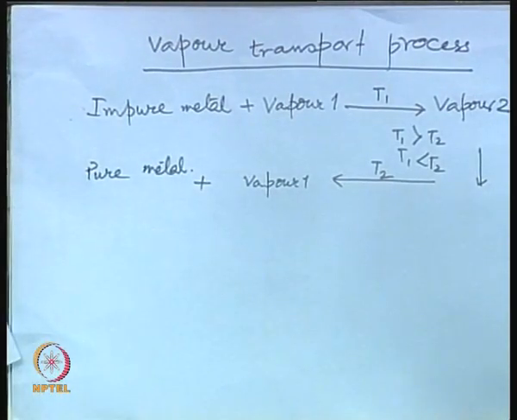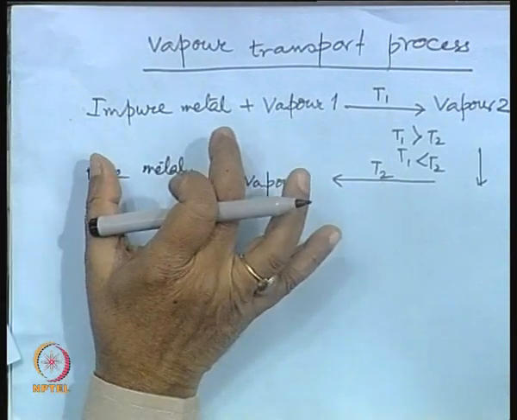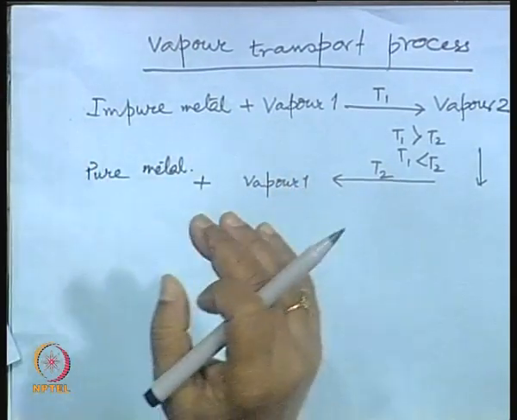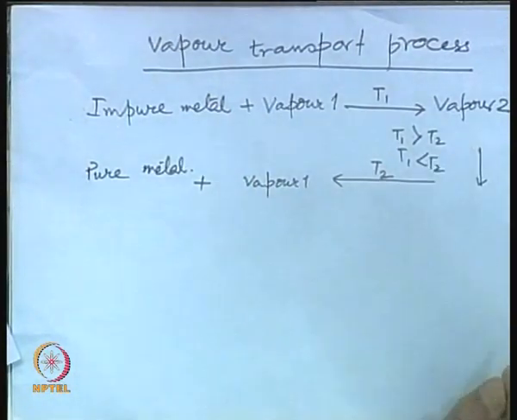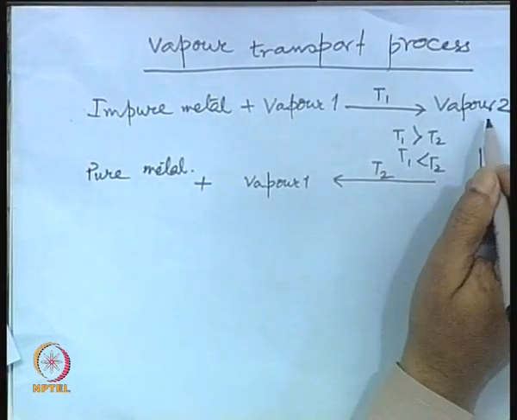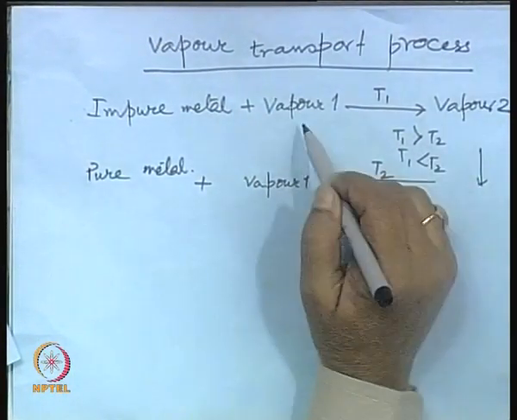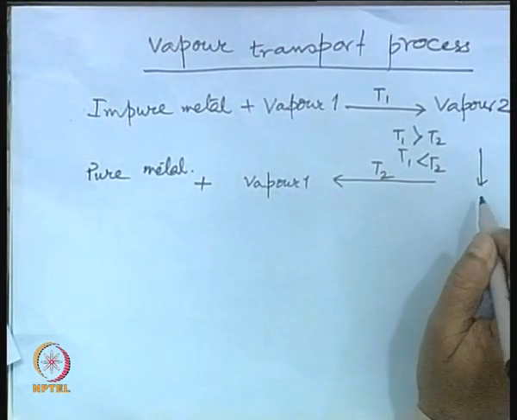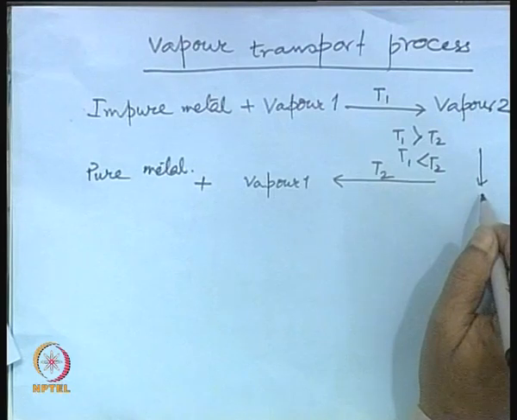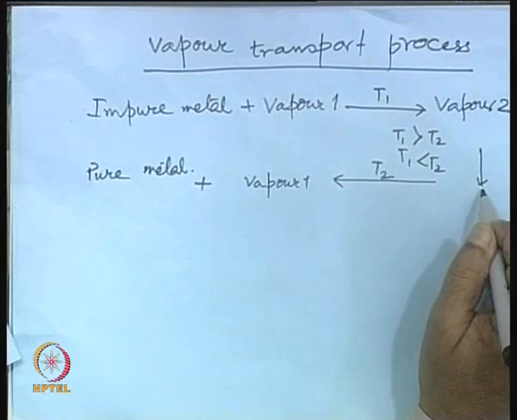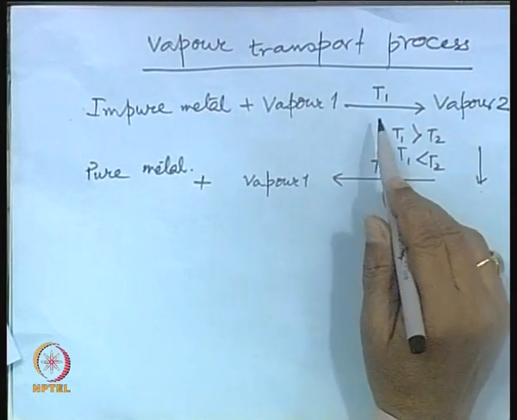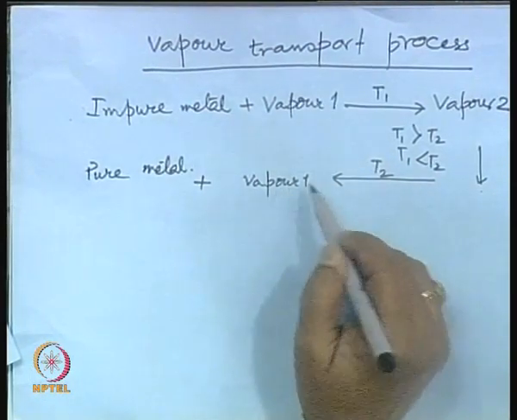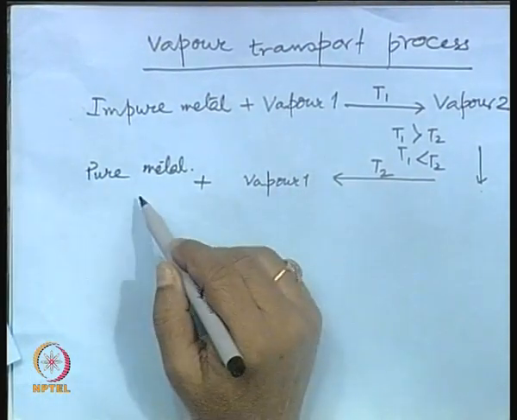I hope you understand the scheme. We have impure metal and we create an intermediate gas phase vapor 2 using a gaseous reactant vapor 1, and then this intermediate gas phase that we have created, at another temperature which may be higher or lower, is decomposed to regenerate that vapor and produce pure metal.